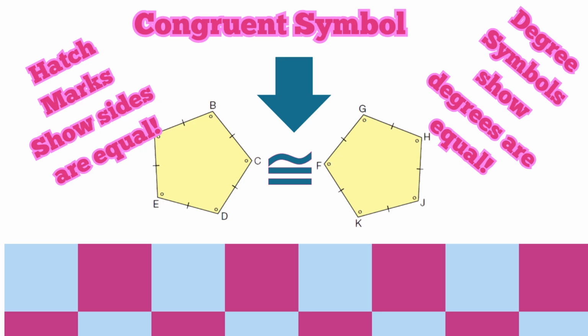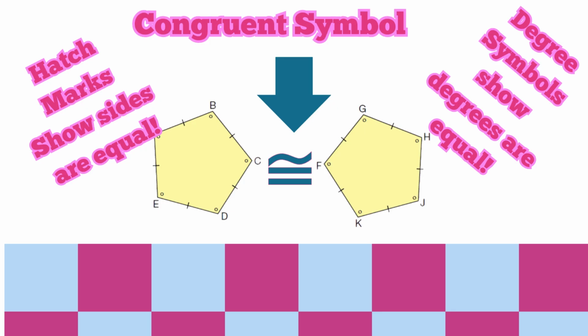If there is 1 hatch mark, all of the other places where there is 1 hatch mark will be of equal length. If there are 2 hatch marks, anywhere where you see 2 hatch marks will be of equal length to where the first one was.